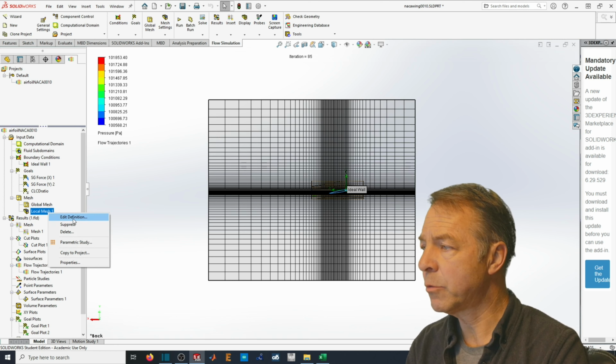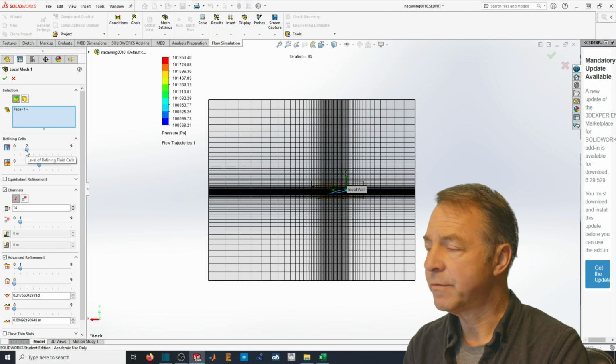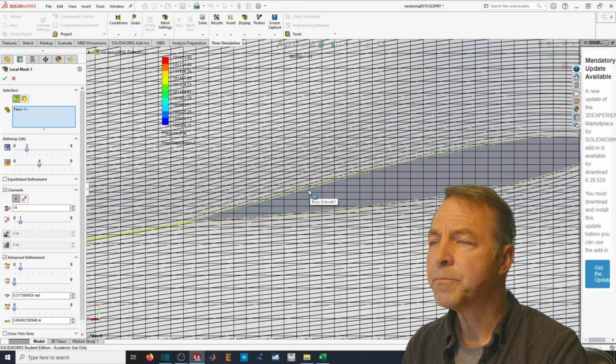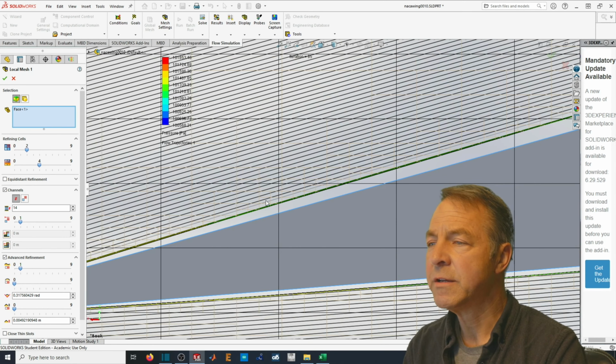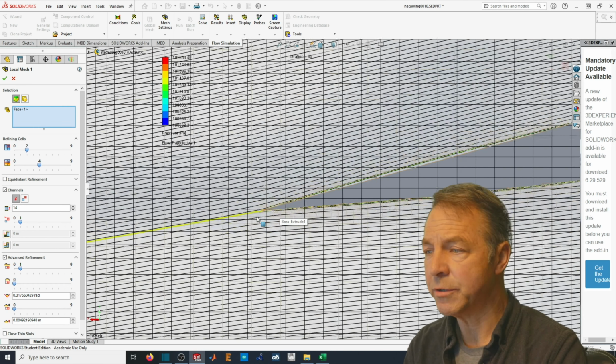And if we look at the local mesh, I've got that set fairly aggressively, giving me fine grid points close in. And you can see the size of those grid points close into the boundary is good.